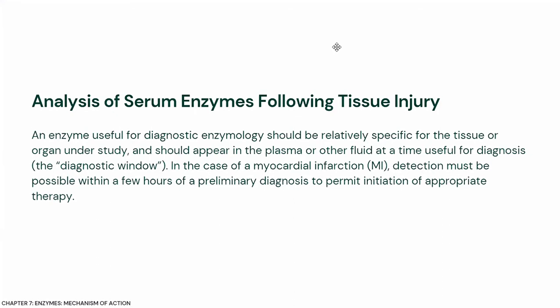Now, you should always remember that every time a tissue is destroyed, all its contents go into the extracellular fluid. And the extracellular fluid is drained by the lymphatics. And the lymphatics join with the general circulation at the left subclavian vein.